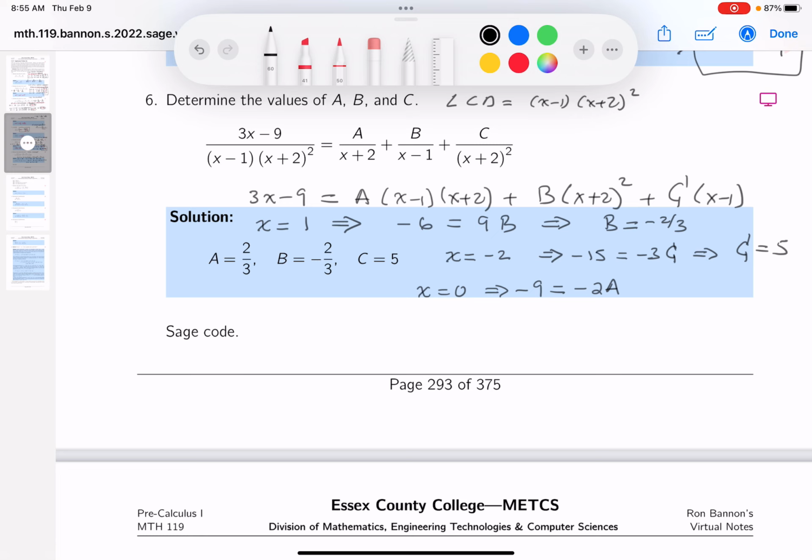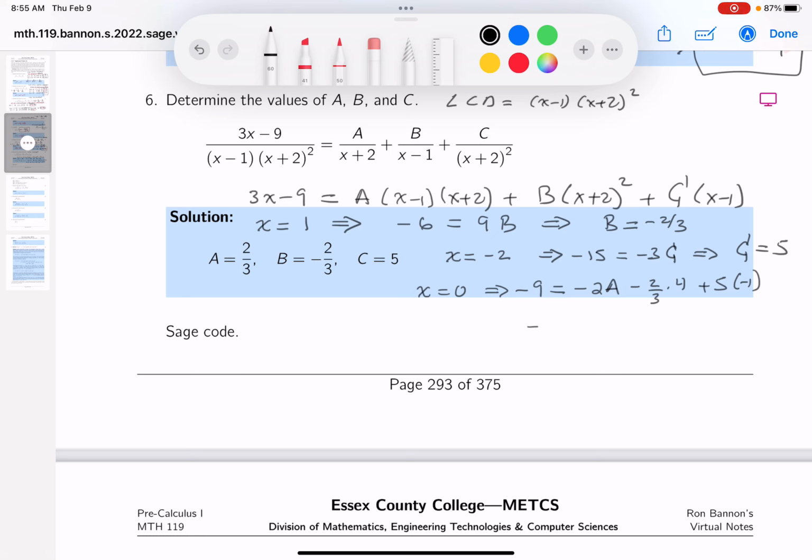But then I've got the B to worry about. B is minus 2/3, and x is 0, so I get 4. This is more complicated. Plus C. C is 5. And then I've got 0 minus 1, which is minus 1.